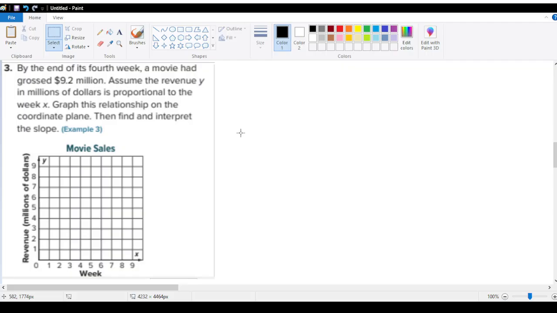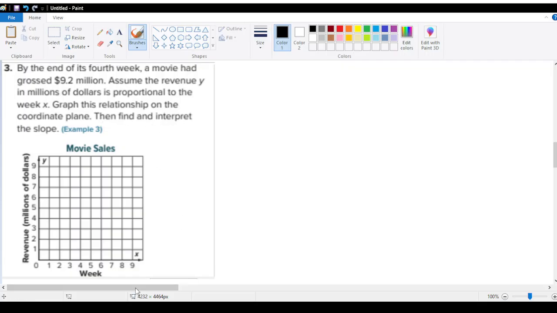Assume the revenue y in millions of dollars is proportional to the week x. Graph the relationship on the coordinate plane. Then find and interpret the slope.